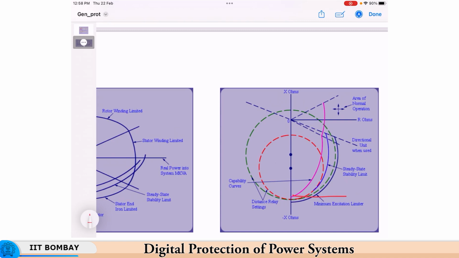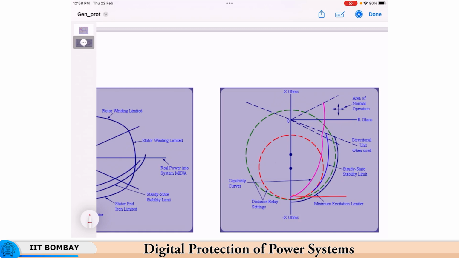These are the settings, you can see it mentioned on the diagram. The x axis is the R axis, and the y axis is the reactance axis, in terms of X. So, R and X. Okay. So, we could also use a directional unit.